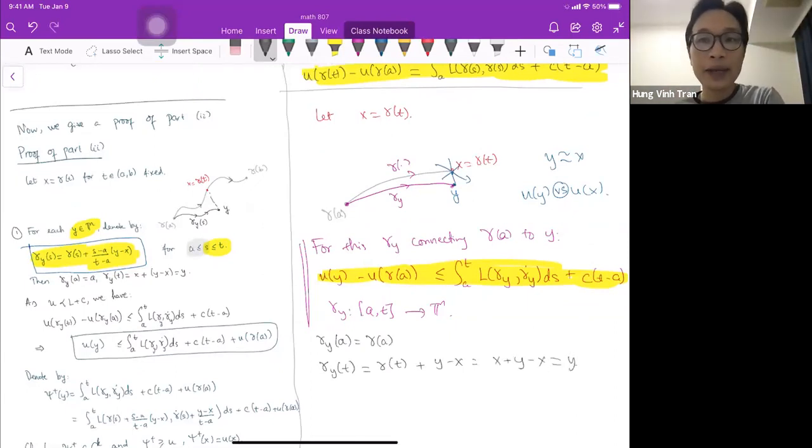So I have created a new curve based upon gamma, adding a correction term, which is a line segment connecting from 0 to y minus x. By using that, I have created gamma y going from gamma a to y. And this is not the only way. You can also create other more complicated connections, but for my purpose this is good enough, and probably the easiest way to use gamma to create a new gamma y. Any question for me on this?